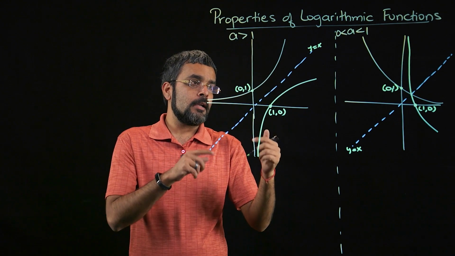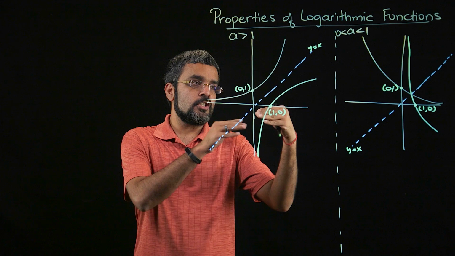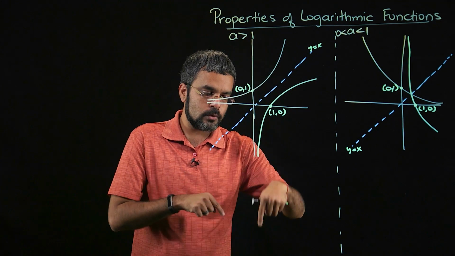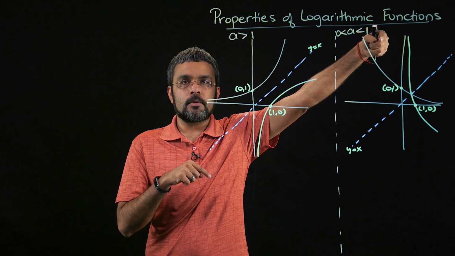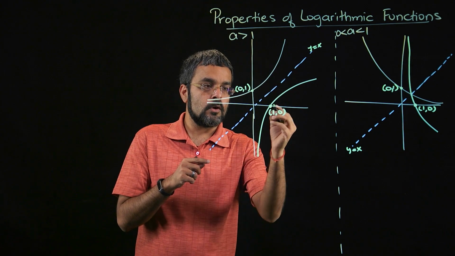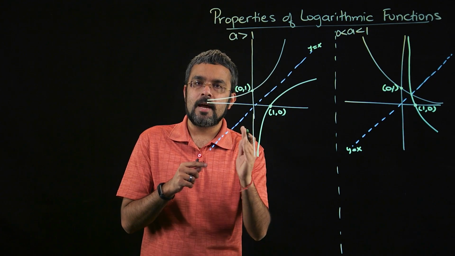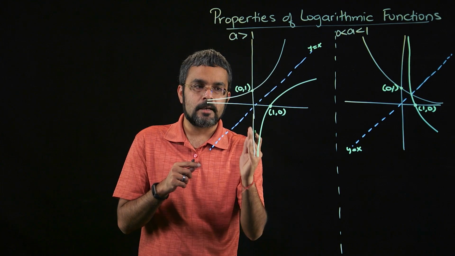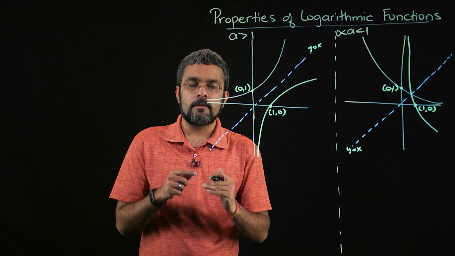For the log function, I go down to negative infinity and all the way up to positive infinity. As far as my domain is concerned, I don't go past the y-axis. In fact, I don't even touch the y-axis, so it's all positive numbers.